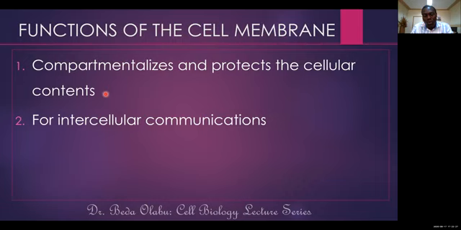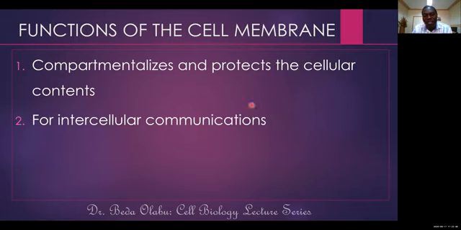That is usually through the fact that the cell membrane contains receptors for particular ligands. Let's call them hormones, for example. So those chemical messages bind on receptors on the cell membrane of the target cell. Through that, communication is achieved.